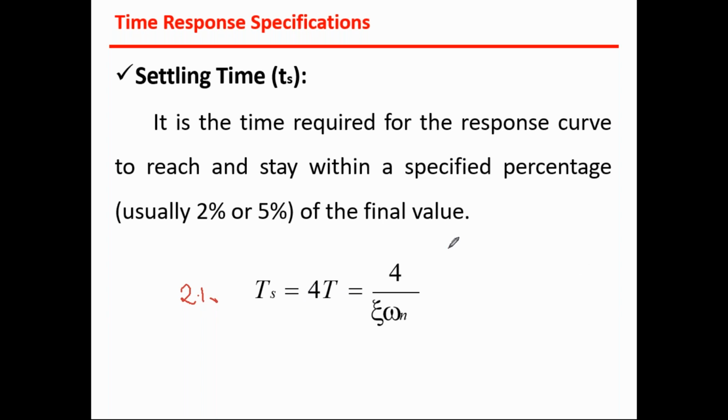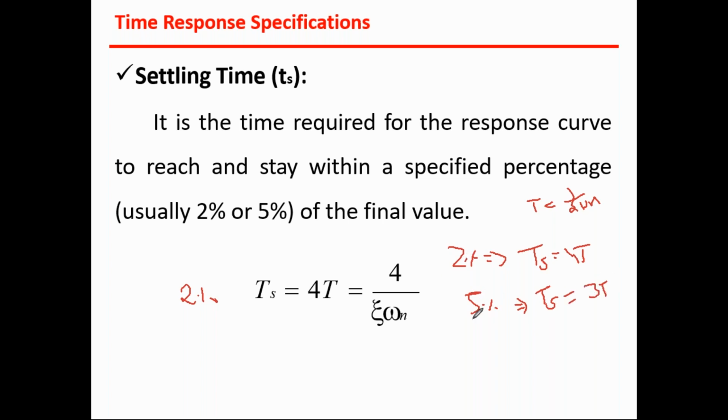So if it is at 2%, the settling time value is 4T. In the exam, if a problem asks settling time at 2%, then ts is equal to 4T, and here T is 1 divided by zeta omega n. Here you get clarity: time period is inversely proportional to frequency. Suppose it is 5%, then ts is equal to 3T.